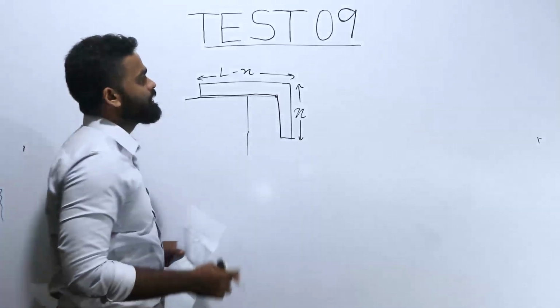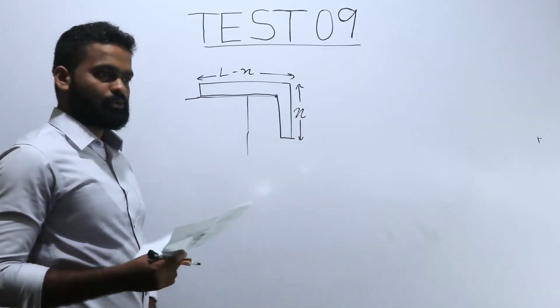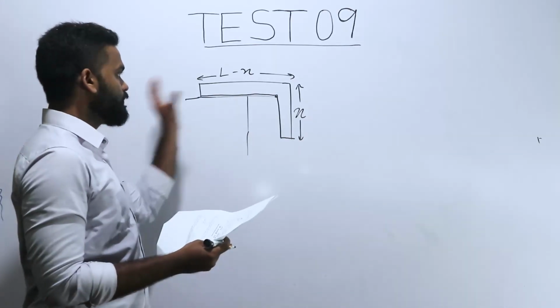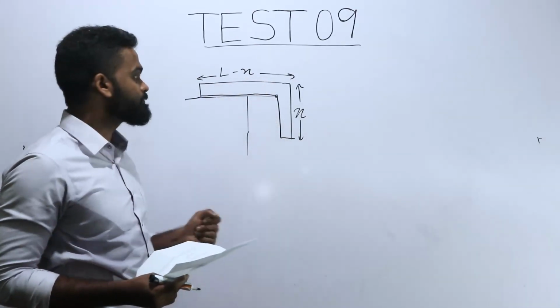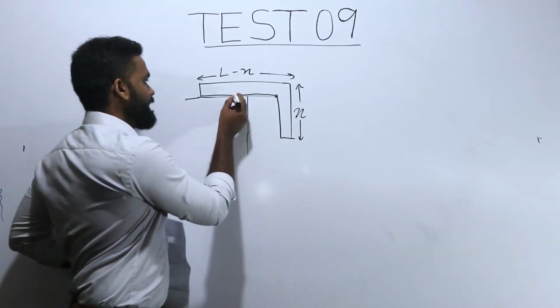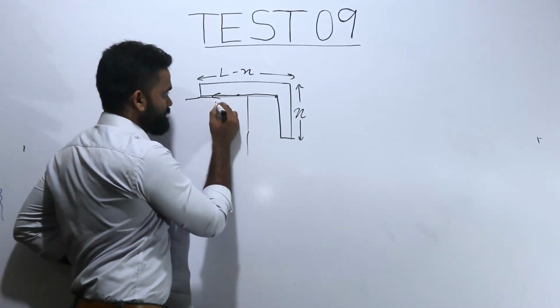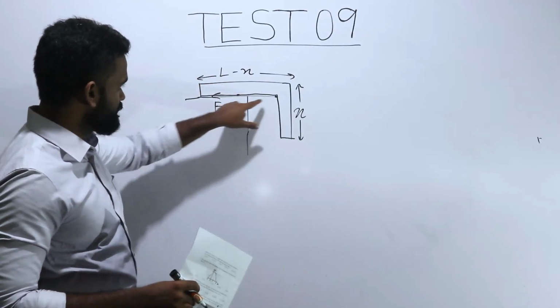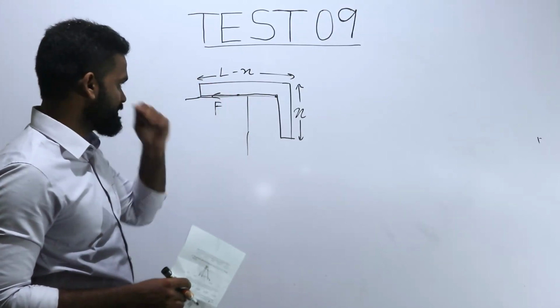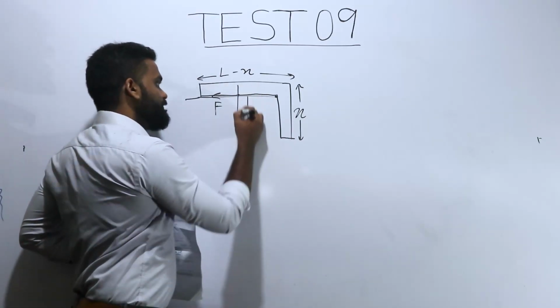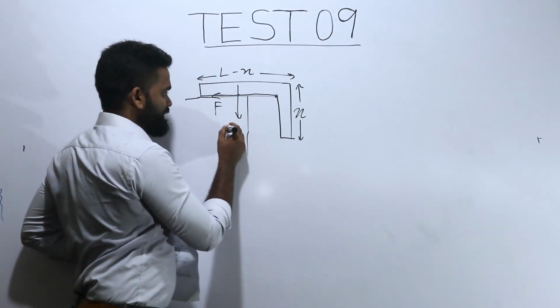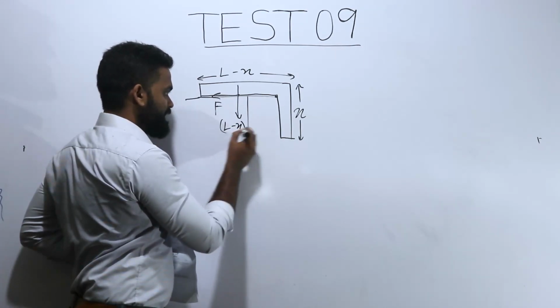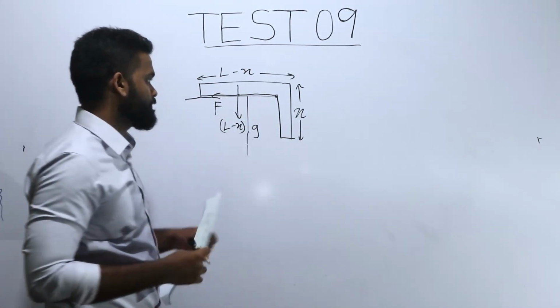Then you just have to do a simple force equilibrium here. We know that on this part there's a friction acting to the other side. Let's say that friction is capital F on this part. Then the weight of this part, I can write as L minus x times g. That is mg.